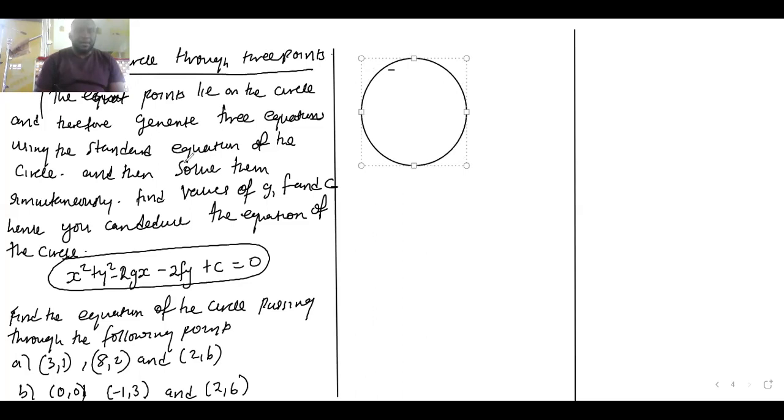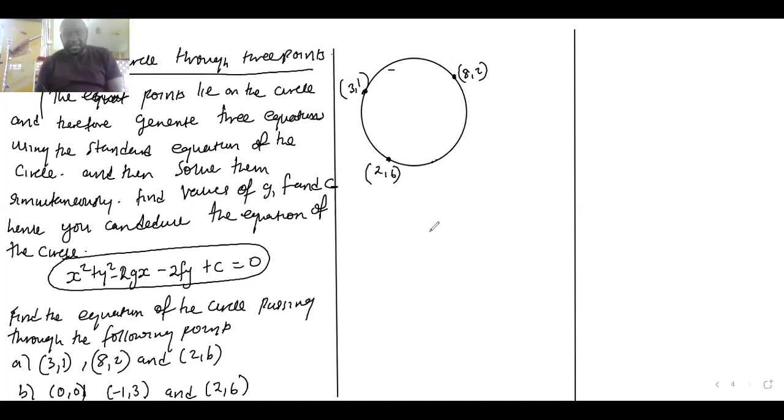If this is my circle, then my point (3, 1) can be here, then my point (8, 2) can be here, then my point (2, 6) can be somewhere around here. Anywhere.